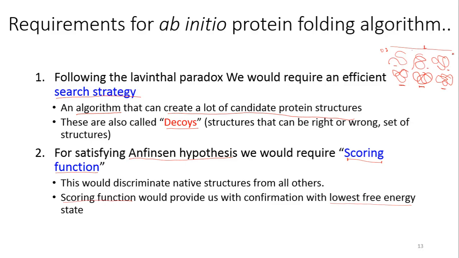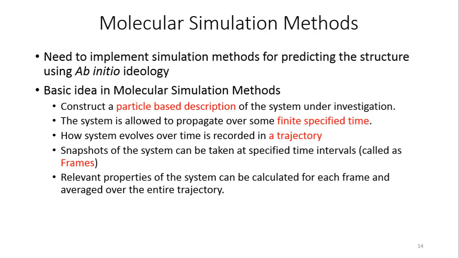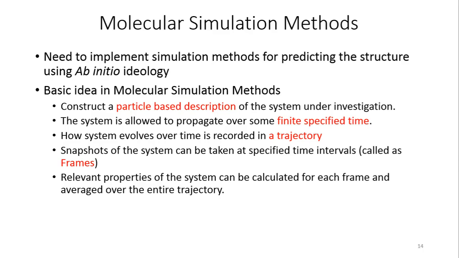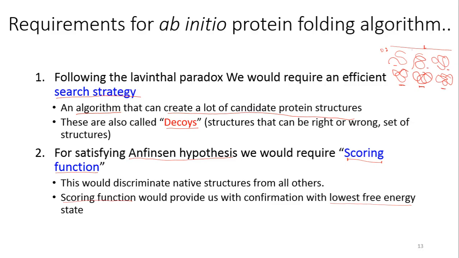Okay, so this is all I have for you in this lecture. In the next lecture we would start out with the molecular simulation methods that are usually implemented in search strategies, or in ab initio protein folding algorithms.